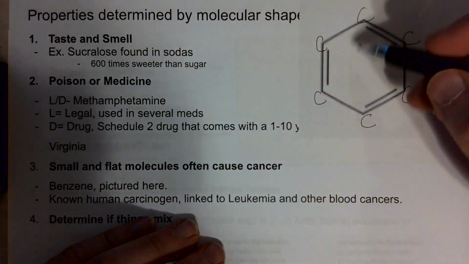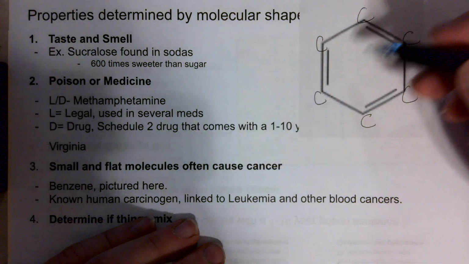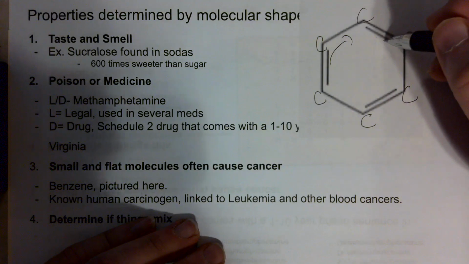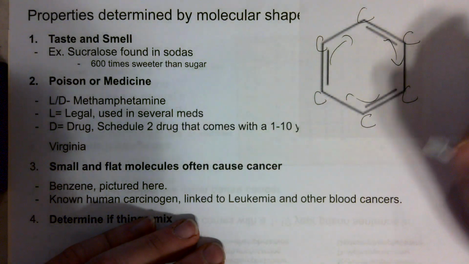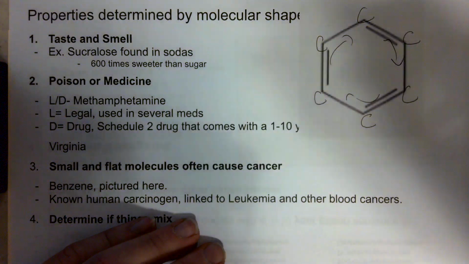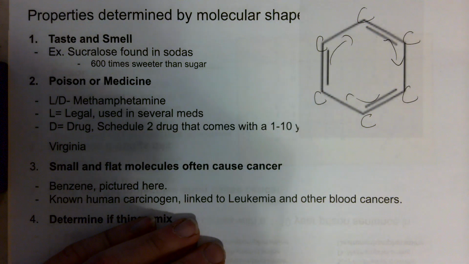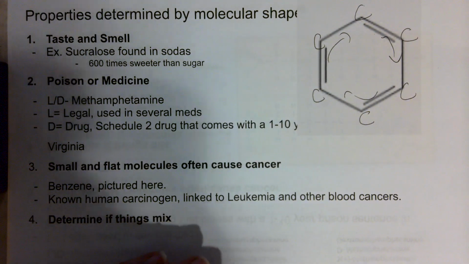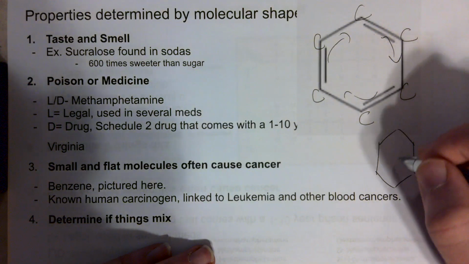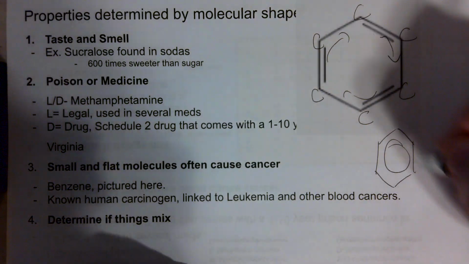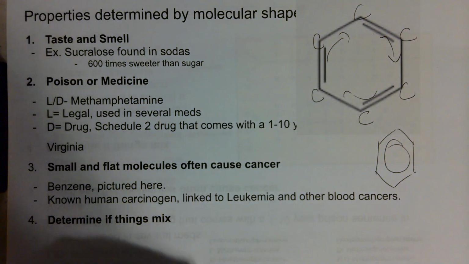And the crazy thing is that these double bonds rotate. So normally when we see benzene, if you ever get into organic chemistry, or maybe do some research on benzene, you may also see benzene written like this, meaning that those bonds are constantly moving.